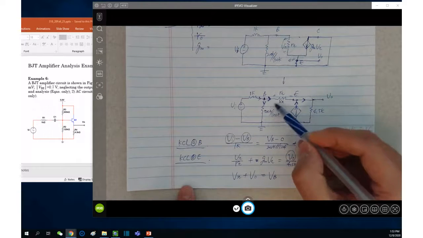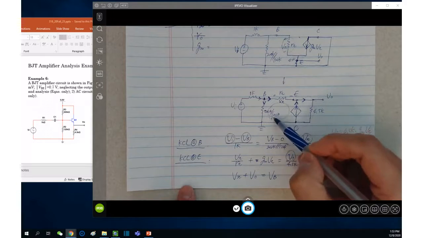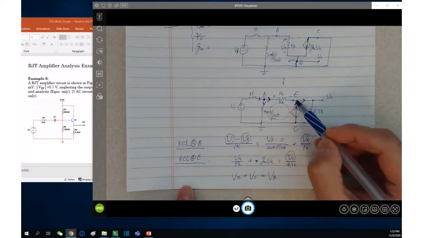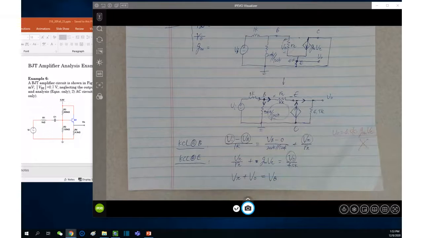You have a KVL inside this loop, with VB here, V pi here, and V naught here, 3 voltages inside this loop. If you write a KVL inside this loop, it's the same equation, just a different way to think. Now we have 4 unknowns, 3 equations, done.